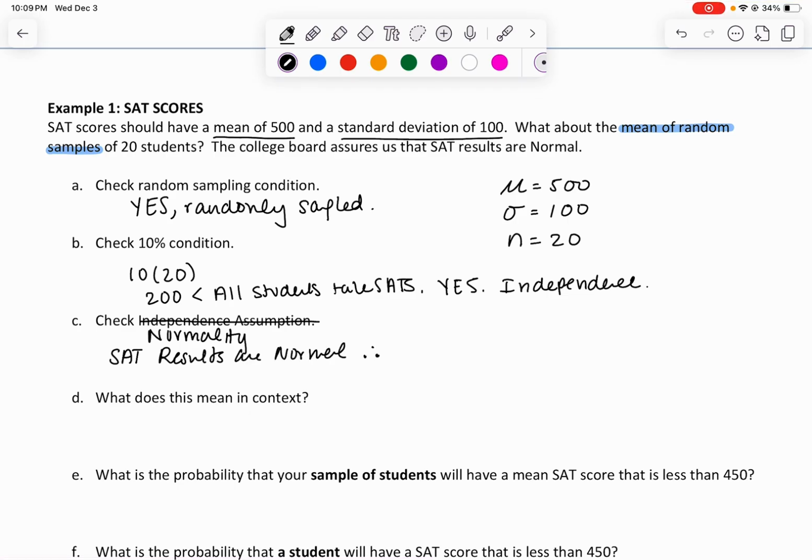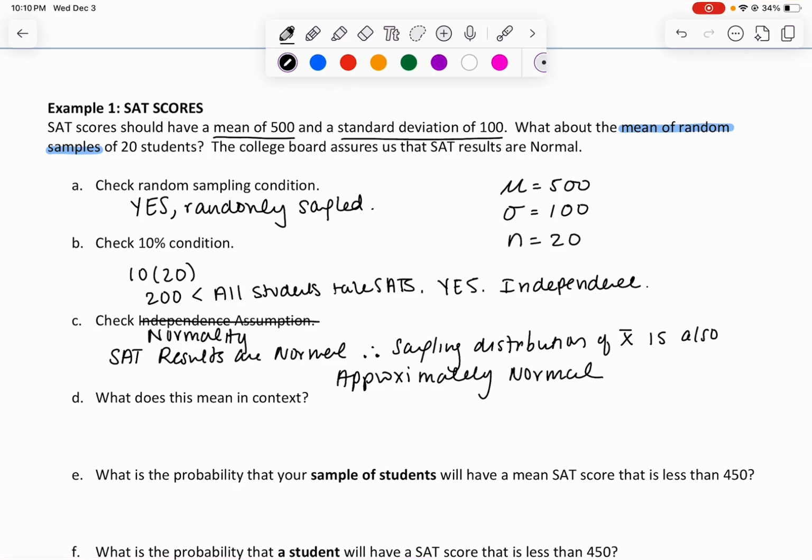So therefore, the sampling distribution of X bar is also approximately normal. That would provide you with a mean for your sample means that would be equal to your population mean, that's 500.